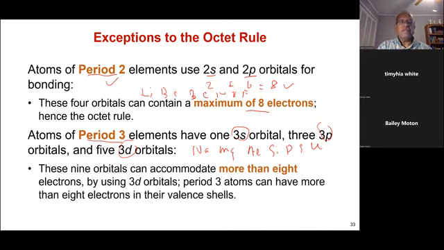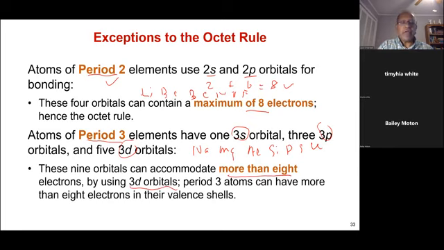Therefore, except the second period, which always obeys the octet rule, third period and fourth period elements can have more than 8 electrons because of the d orbitals.